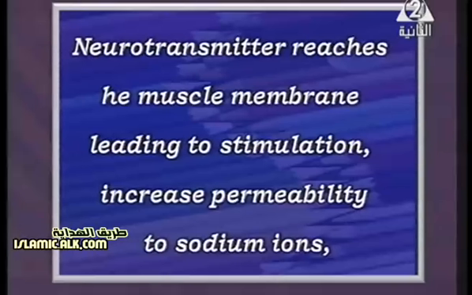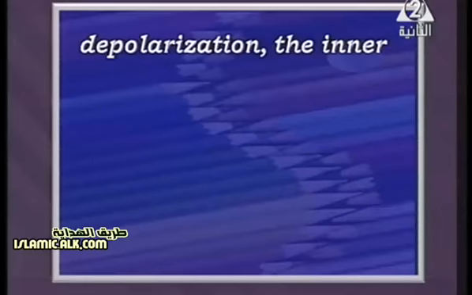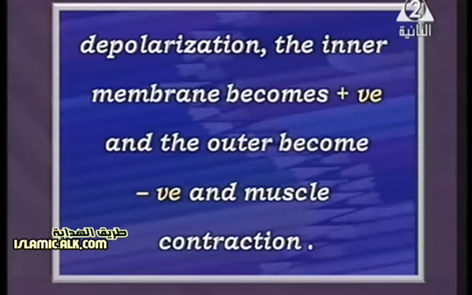After that, the neurotransmitter reaches the muscle membrane, leading to stimulation and an increase in the permeability of sodium ions to enter. That causes depolarization, and the inner membrane becomes positively charged and the outer membrane becomes negatively charged, and the muscle contracts.